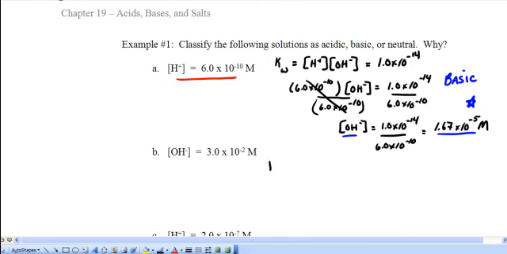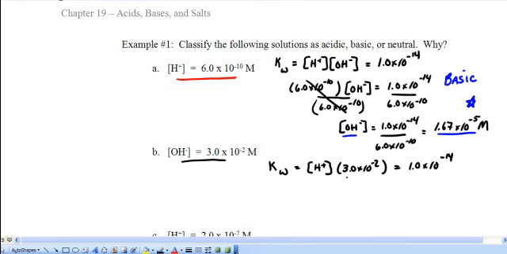You have Kw. They give you hydroxide is 3 times 10 to the negative 2. So Kw will equal the hydrogen times the hydroxide, which is 3.0 times 10 to the negative 2, and that's going to equal 1.0 times 10 to the negative 14.